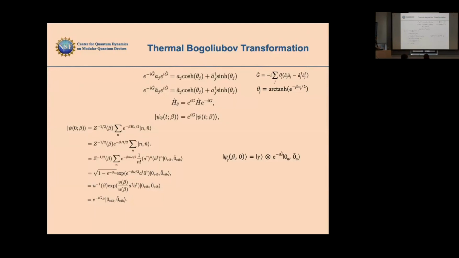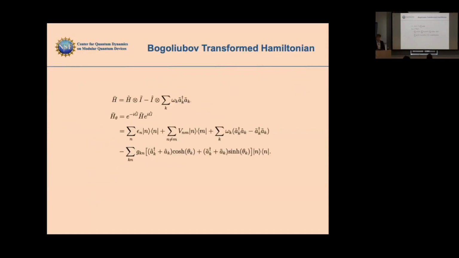And therefore, we need to transform our Hamiltonian analogously and the wave function according to the same rotation. With that in hand, then we can obtain that, in fact, the initial thermal distribution is a squeezing of the vacuum state. And that's why it's a very good way of preparing the initial condition for the simulations.